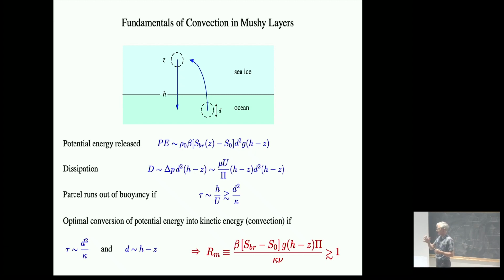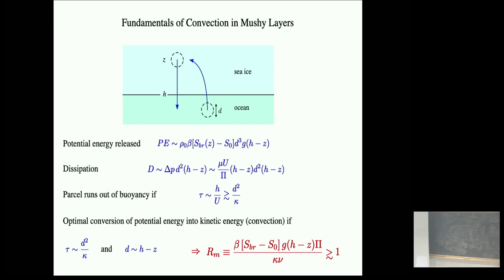Usually with a solutal Rayleigh number, your dissipation would be determined by the rate of solute diffusion. But this Rayleigh number is not. Although we're worried about buoyancy forces given by the salt field, it's the thermal diffusivity that matters, and that's because inside the mushy layer, the thermal field and the salt field are tightly coupled by the liquidus relationship. And I dissipate my buoyancy by dissipating heat.